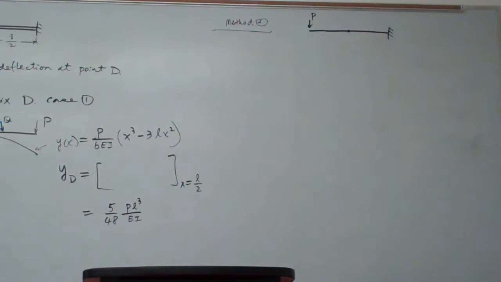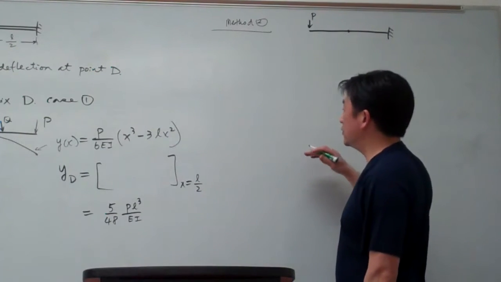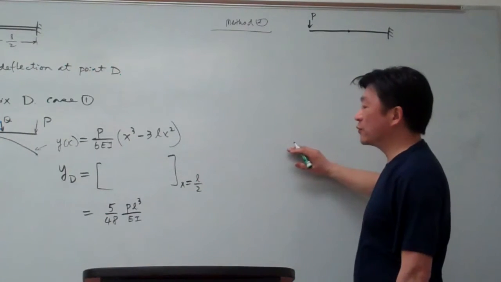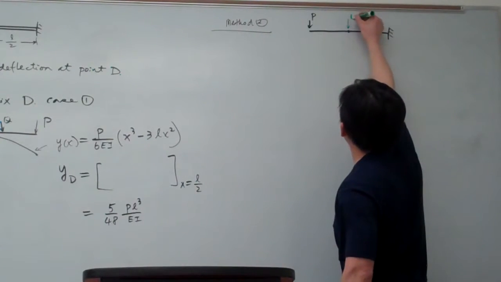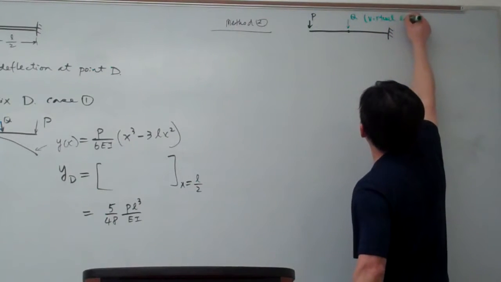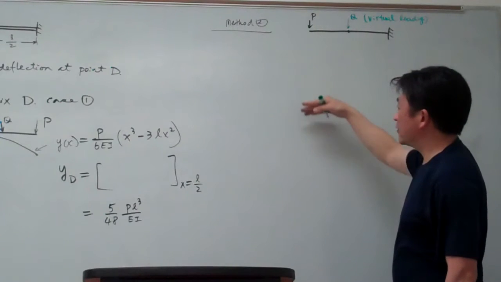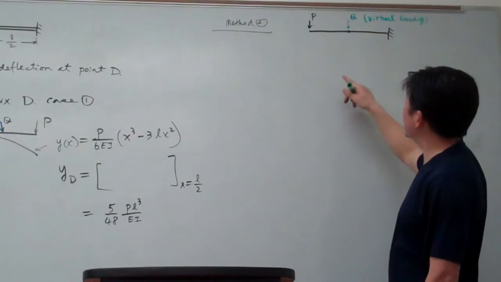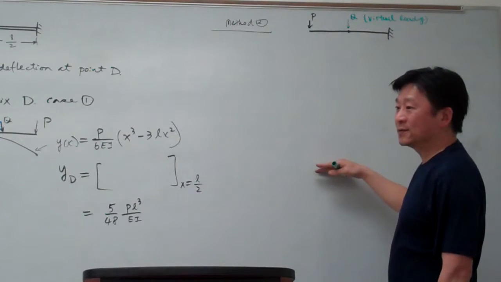We add one virtual load, let me say the virtual loading Q. In our calculation process, we're going to set Q equal to 0 where appropriate.